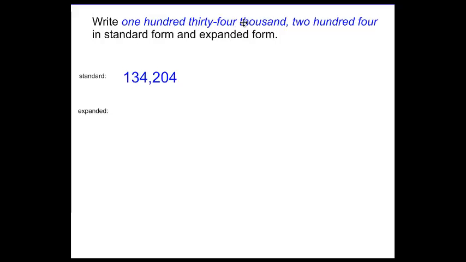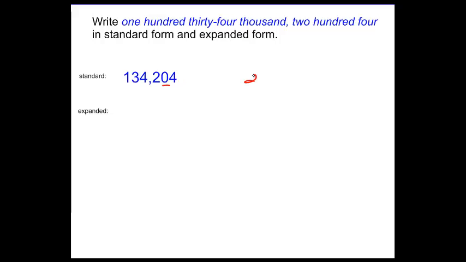So 134,000. So we're going to write 134, and then it needs to be in the thousands period. So we're going to do comma for the thousand, and then 204. Please do not forget this digit, the tens place. You have to do what I call a place saver.